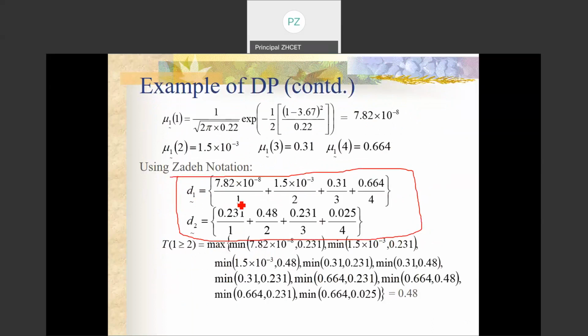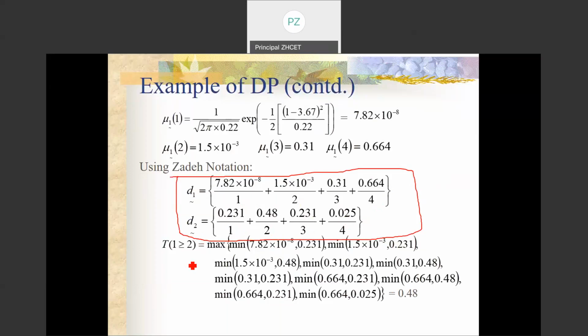Document 1 has membership value 1.5 into 10 to the power minus 3 at position 2, 0.31 at position 3, 0.664 at position 4. And for document 2 also we had got it. At position 1 it is 0.231, at position 2 it is 0.48, at position 3 it is 0.231 and at position 4 it is 0.025.